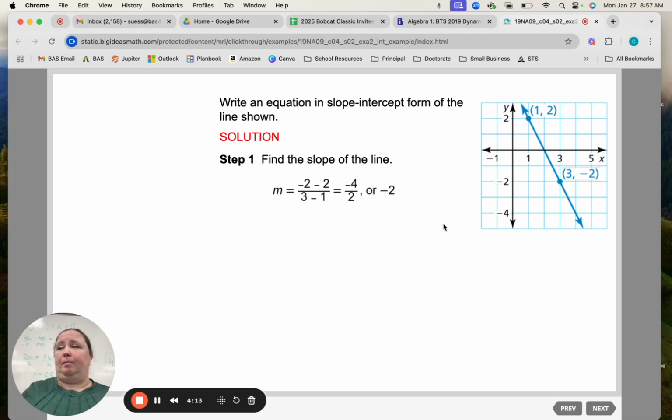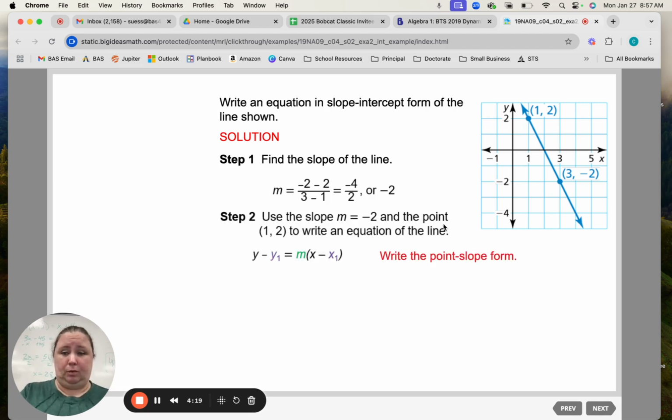Now I can write in point slope form, correct? Yes, because I have the slope and I just pick one of the points. So we're going to use (1, 2). So where do I plug in the -2? At m. And then the 1? At x1. And then the 2?